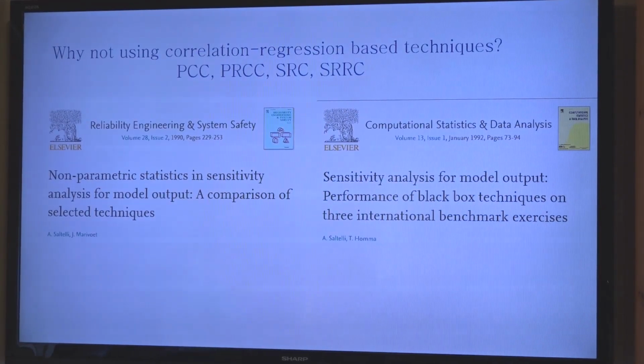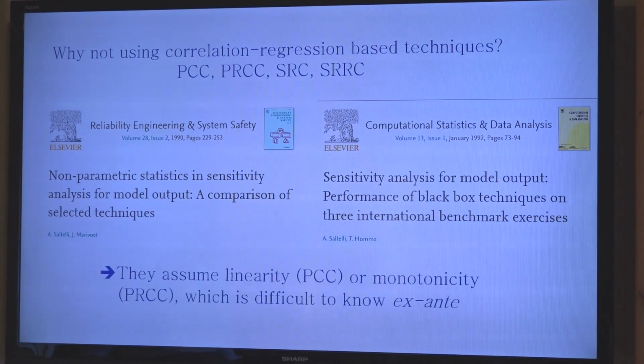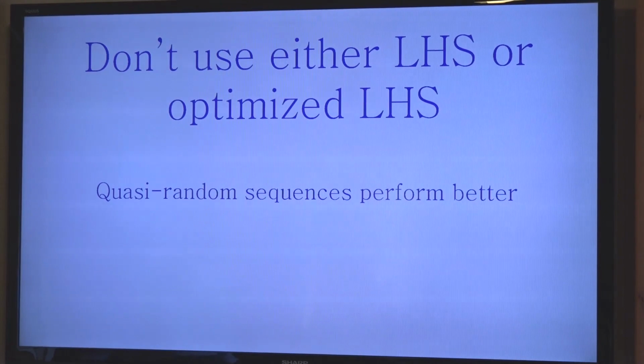Those are very old papers where this was discussed, where we compare the performance of these methods on different test cases, because they assume either linearity or monotonicity. And the point is that before exploring a model, you don't know whether the model is monotonic. Otherwise, if you knew everything about the model, you wouldn't do a sensitivity analysis in the first place.